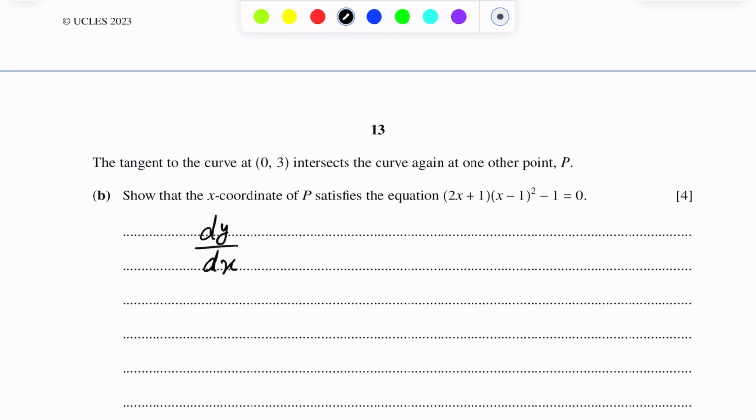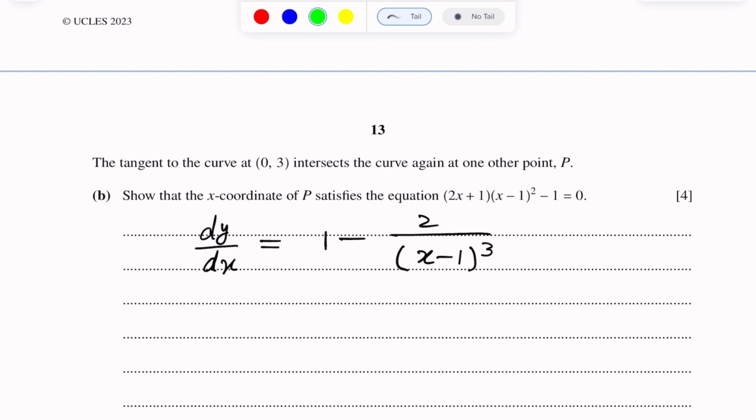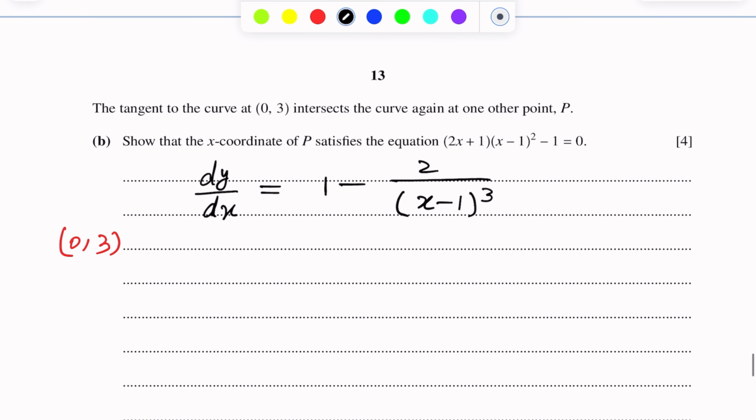Dy over dx is 1 minus 2 over (x minus 1) to the power 3. Now the point is given as (0, 3). Putting this point, we will use the value of x, that is 0.